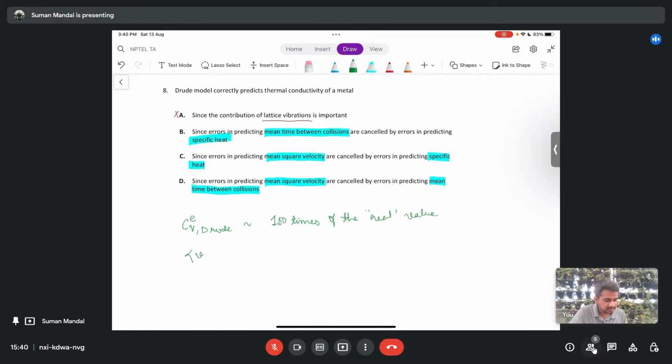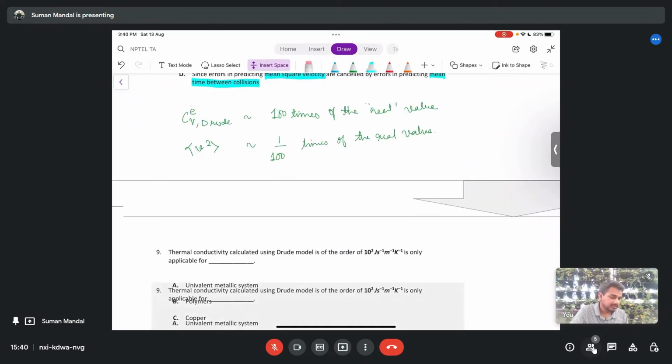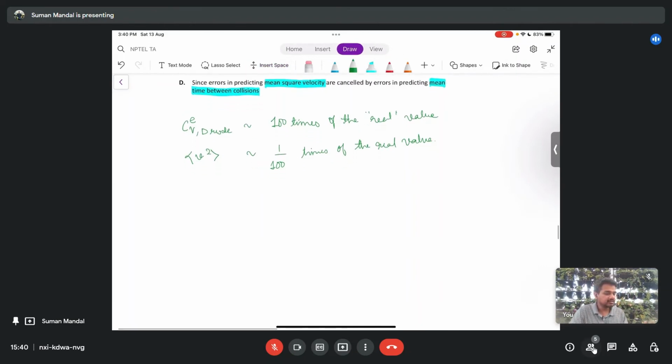Whereas the mean square velocity was about 1 by 100 times the real value. Now, let's take the example of a material, and we'll see how with these incorrect numbers, we reach the correct value of thermal conductivity.